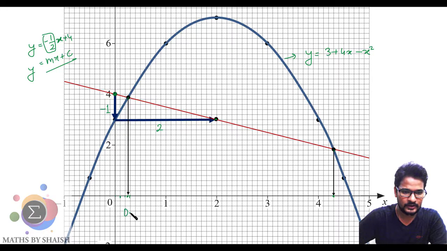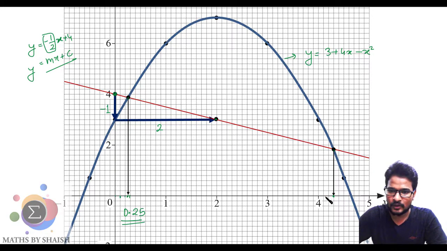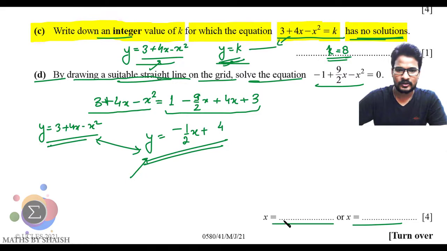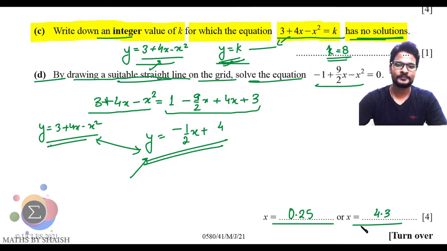So we can say it is 0.25. One value of x is 0.25, another is 4 and 1, 2, 3. So this value is going to be 4.3 only. So that's what we will write in the place of the solution. So here are those two values, 0.25 and 4.3. These are the two solutions.